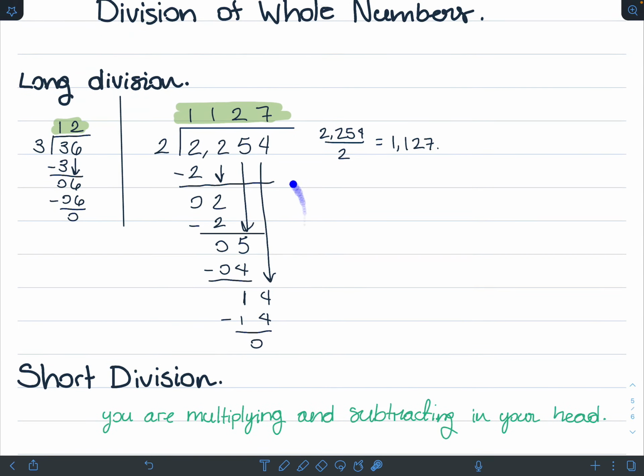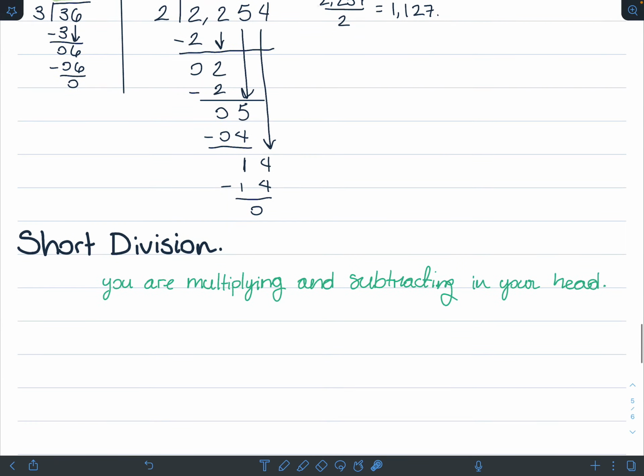Essentially, what we were doing here, this entire section, would have been done in your head. And the multiplication, which we kind of already did in our head, 2 times 1 gives us 2, that would also be in our head.